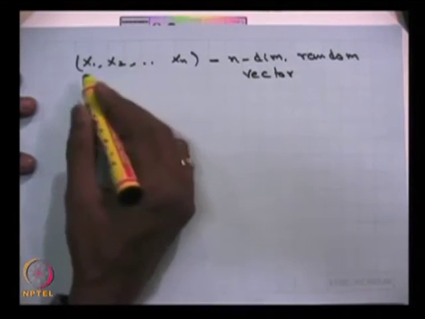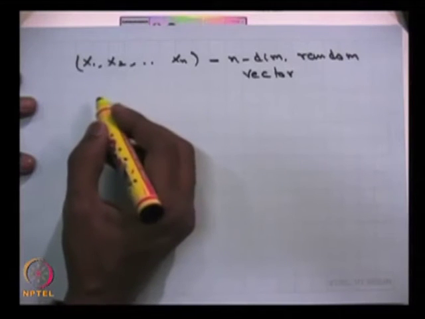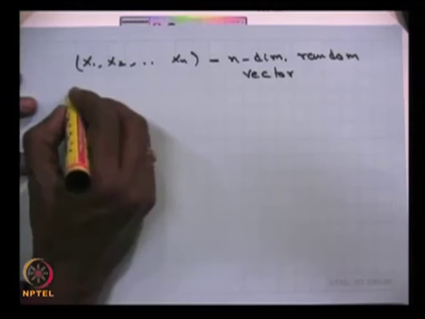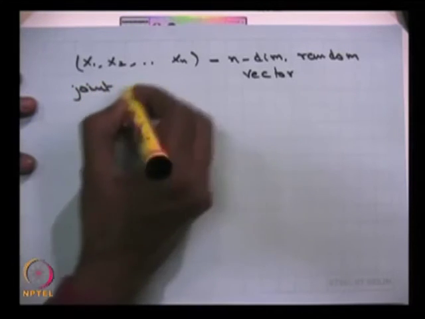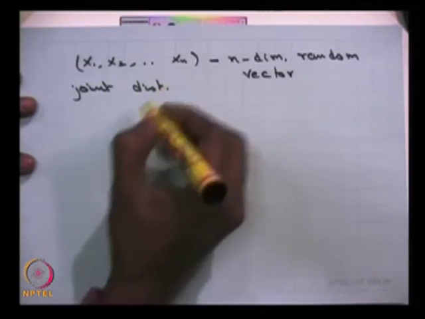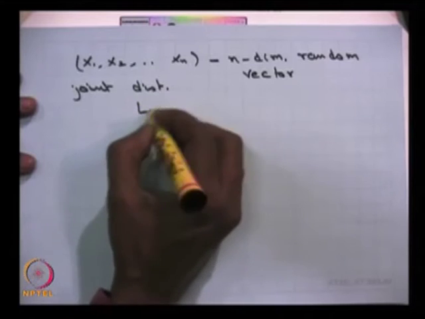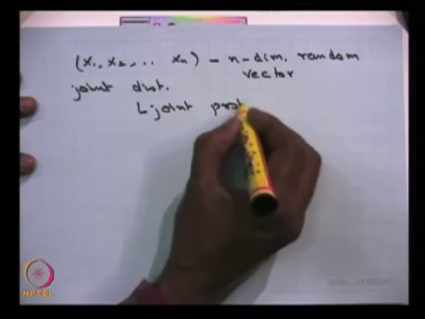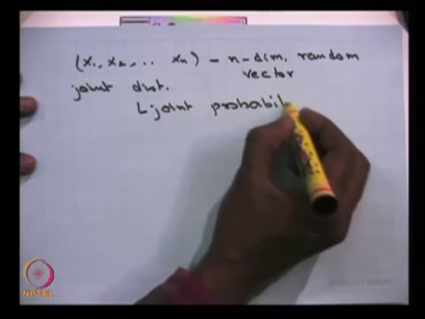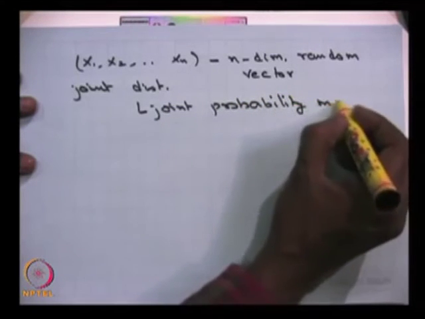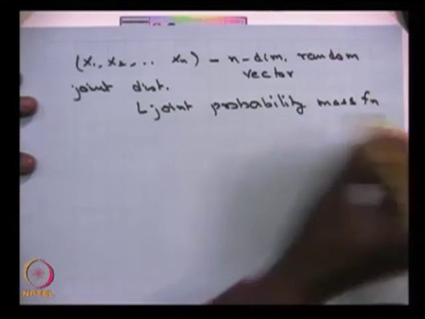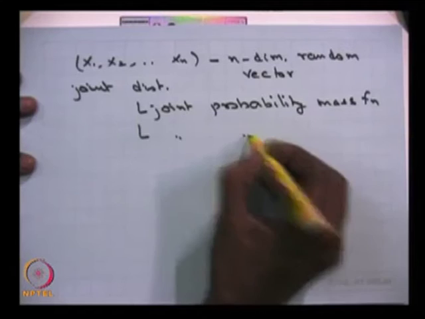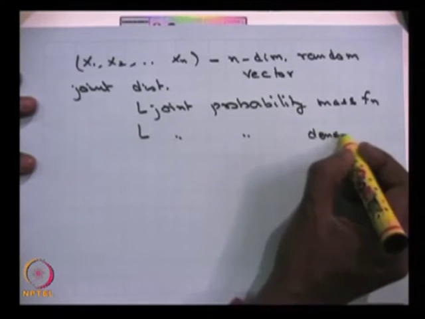Once you have them together in vector form, then we can go for giving the joint distribution. The joint distribution we can discuss in two ways: either a joint probability mass function, or we can define a joint probability density function.